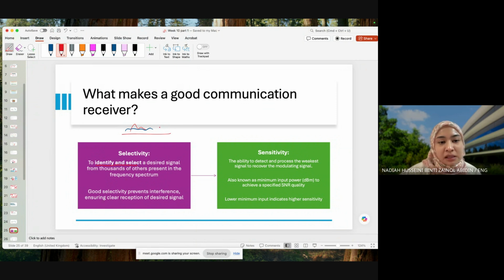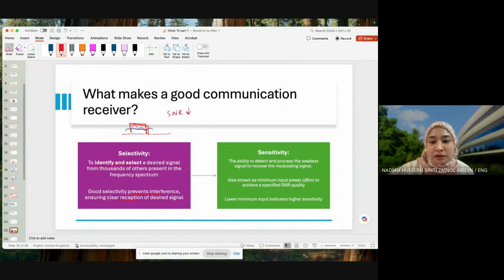A good selective receiver is able to identify what signal needs to be extracted and takes only the desired signal. That is selectivity, selecting. Good selectivity prevents interference, ensuring clear reception of the desired signal. Even though we take out this chunk and there's noise, so maybe your SNR will go down a bit, the signal is still there and we are not losing any signal.